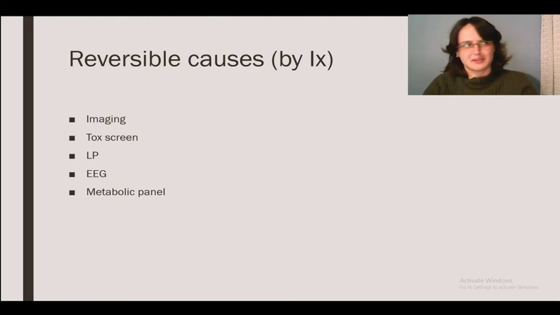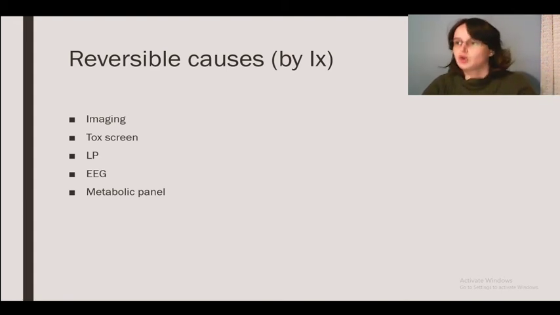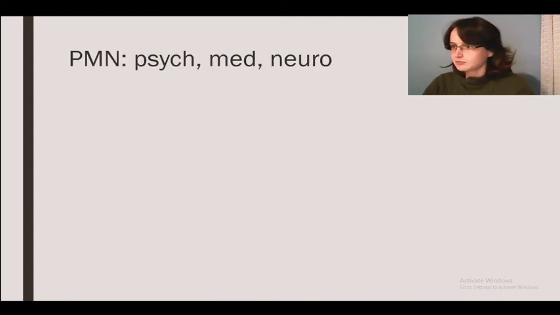And also probably a septic screen and a bunch of other things. But anyway, let's keep this simple. If you think they're having a seizure, chuck on an EEG. EEGs are not completely sensitive or specific, but they're pretty helpful. And then big old metabolic panel with UEC, CMP, and blood glucose if you think they've got a metabolic or an endocrine derangement. PMN's a fun one too.